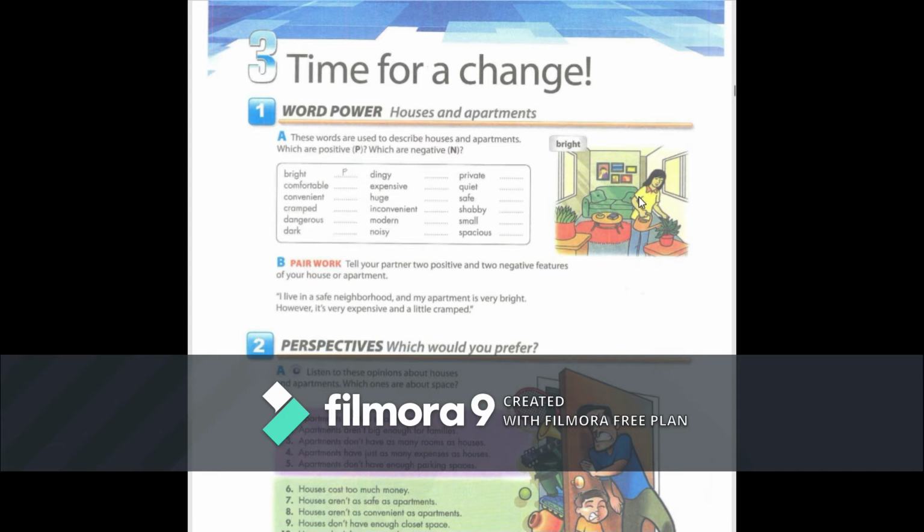Okay. Shabby means it's so old and in poor condition, like, you know, the word poor. So it's poor condition and old. It's not attractive at all, so it's unattractive as well. Small is the opposite of the word huge, so it's small. It's not that big.